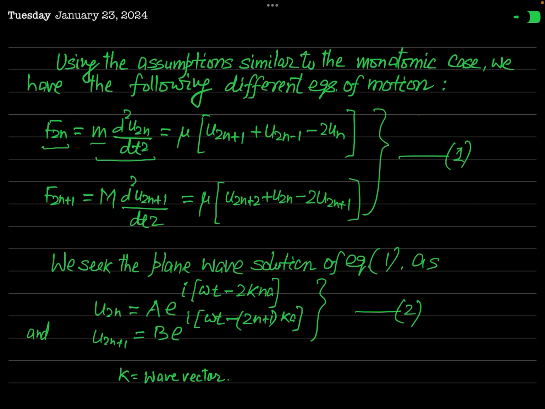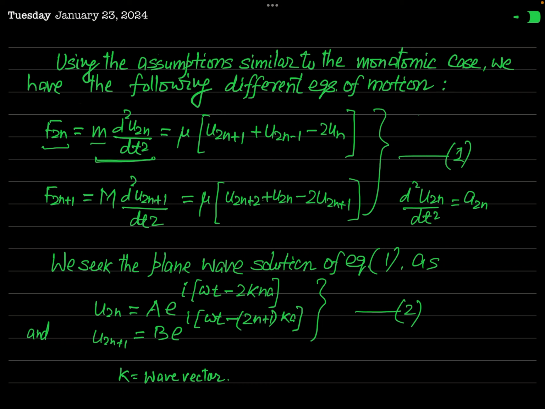And as U2n is the displacement of the 2nth atom at any time t, you know d2U2n by dt square, actually this will be the acceleration of the 2nth atom. So according to Newton's second law of motion, force is the product of mass times acceleration.